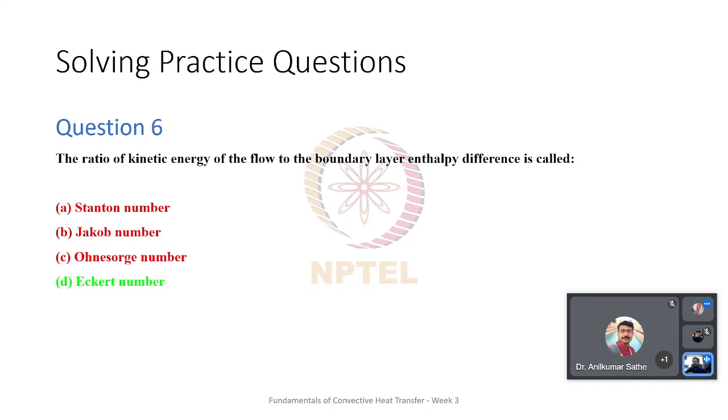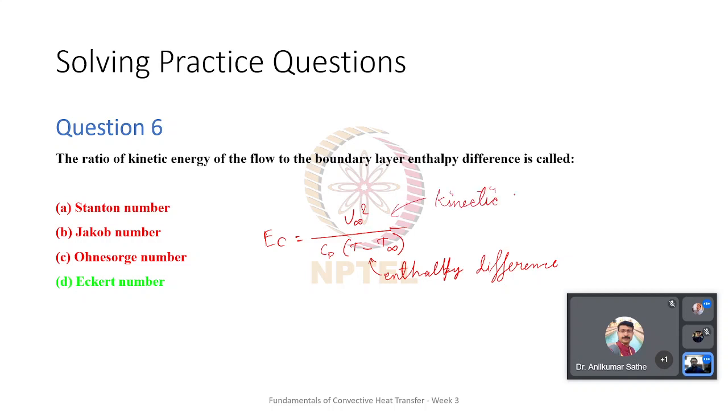If we look at the correct solution, it is indeed the Eckert number. So that is how Eckert number is defined. Ec equal to U infinity square divided by Cp times (Tw minus T infinity). So this is the enthalpy difference, and this is a representation of the kinetic energy of the flow. In case of heat transfer, Eckert number only becomes important if the velocities are very high.